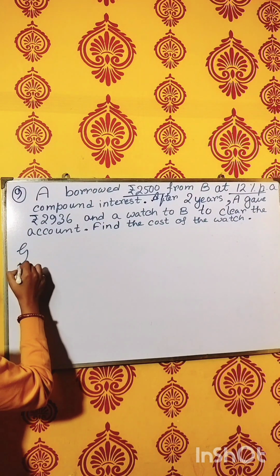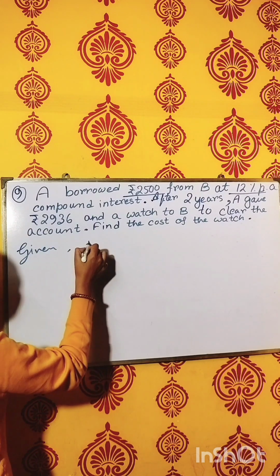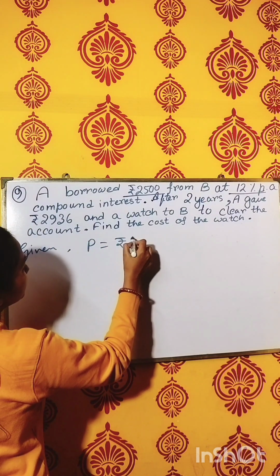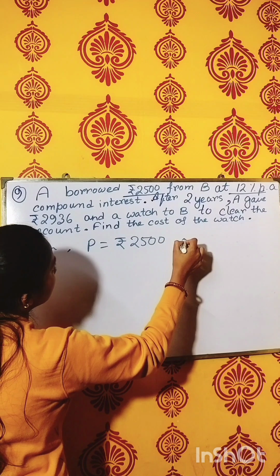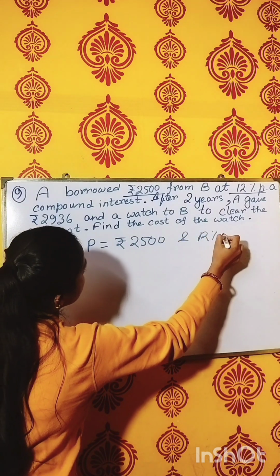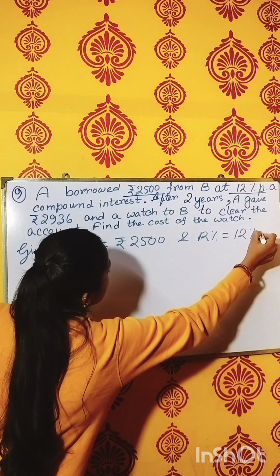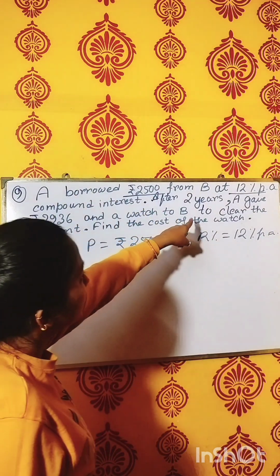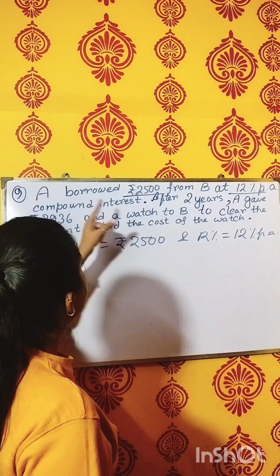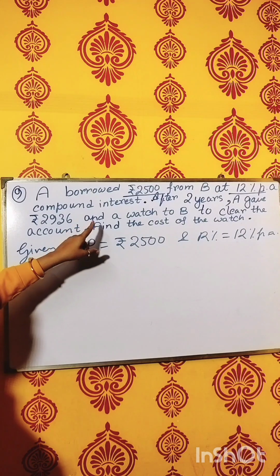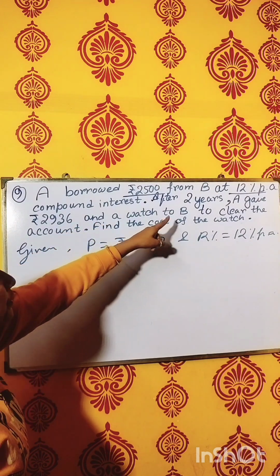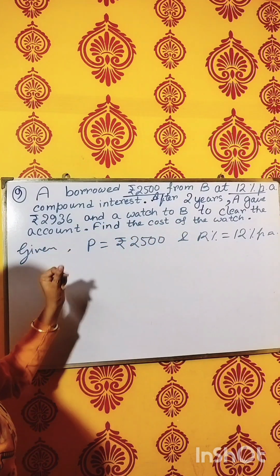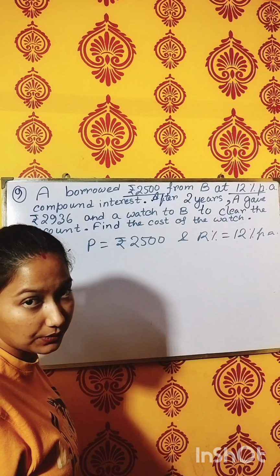Therefore, given data are: principal is equal to rupees 2,500 and rate percentage is equal to 12 percent per annum. After 2 years, A gives rupees this much and a watch to B to clear the account. Find the cost of the watch.